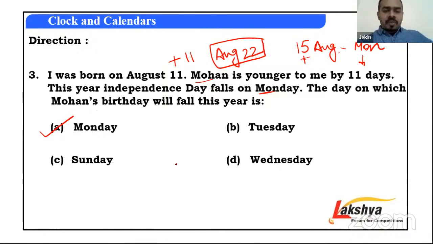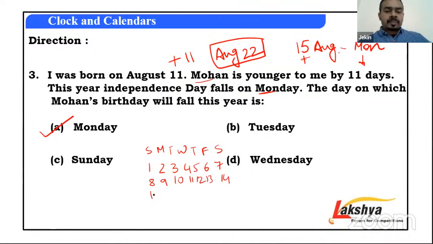Because if you were to note down the numbers of a calendar, 1, 2, 3, 4, 5, 6, which is nothing but Sunday, Monday, Tuesday, Wednesday, Thursday, Friday, this is Saturday, this gets repeated, isn't it? 8, 9, 10, 11, 12, 13, 14. 15, 16, 17, 18, 19, 20, 21.